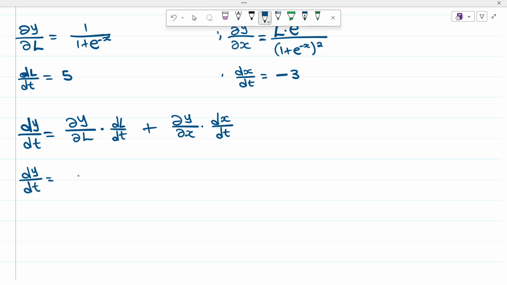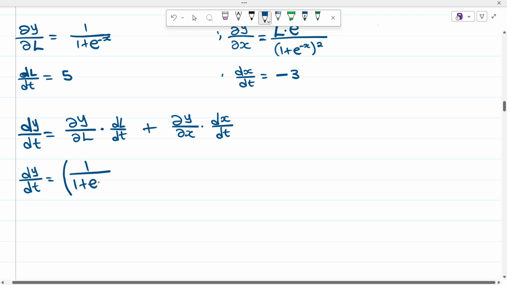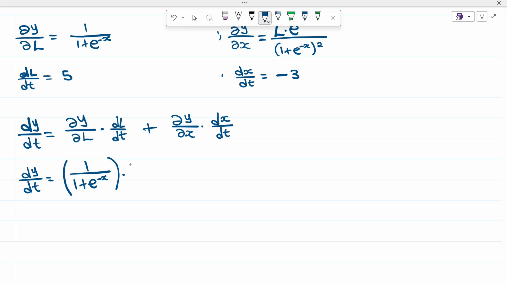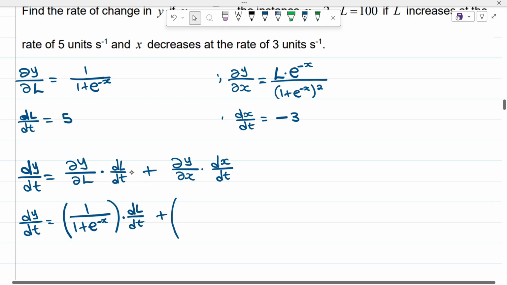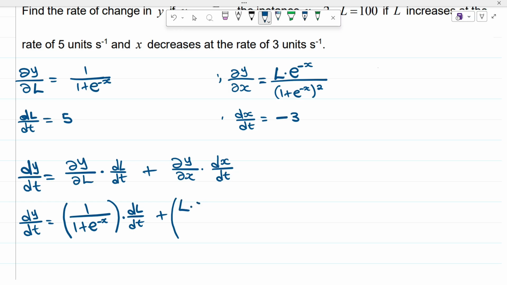We're just going to substitute our formulas. We already have 1 divided by 1 plus e to the power negative x, multiplied by dL/dt, we can leave this for now, and then plus this other one we calculated and found: L multiplied by e to the power negative x, divided by 1 plus e to the power negative x, squared, like that, and then multiplied by dx/dt.